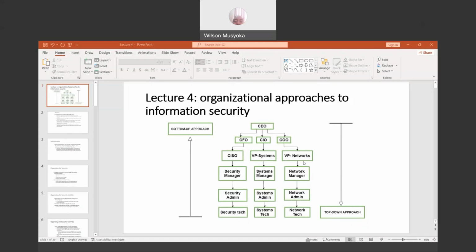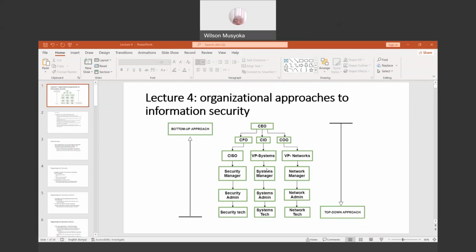So these people will come up with the procedural instructions and escalation plans. If something happens, how is it going to be escalated to the next level? And then these people may also seek outside assistance in terms of training or working partnerships with professional information security providers.